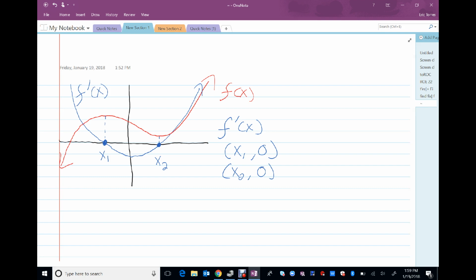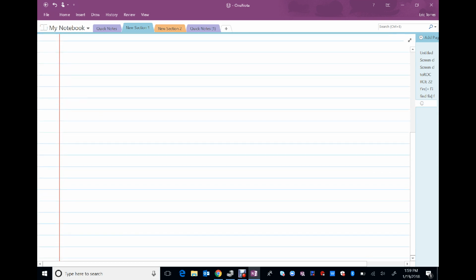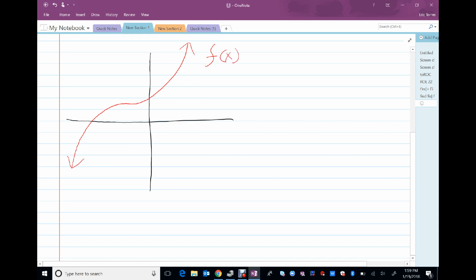Let's try another one. So here's a function, and as I move from left to right, this function is going up, positive rate of change, but less positive, less positive.